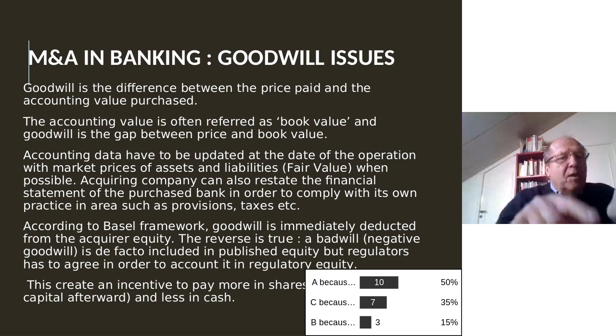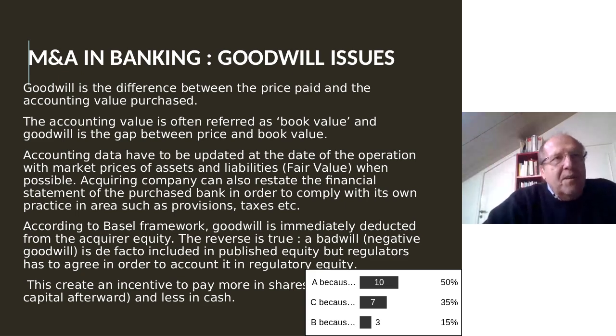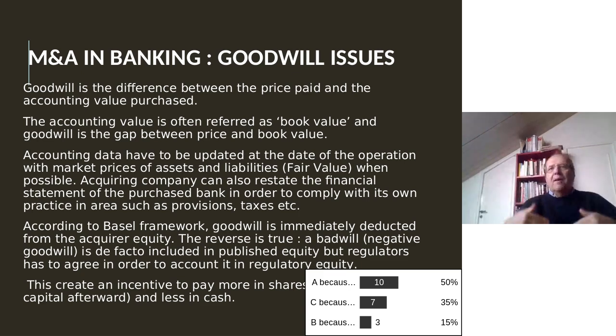So it's because it's a future profit, and the regulator says to the bank, okay, that's future profit, I'm comfortable with that, but then the regulator says, hey, wait a minute, I do not want part of my regulatory equity being made with future profit.